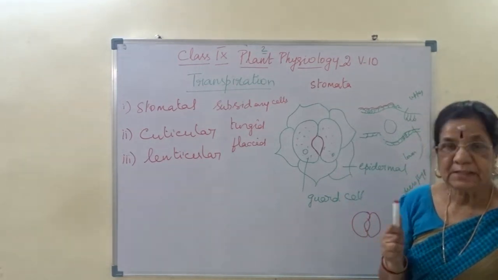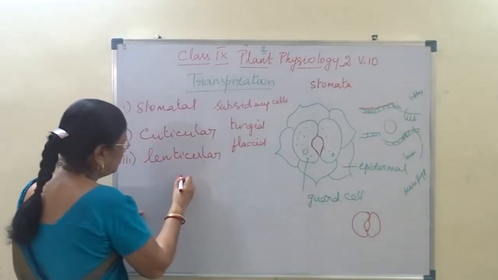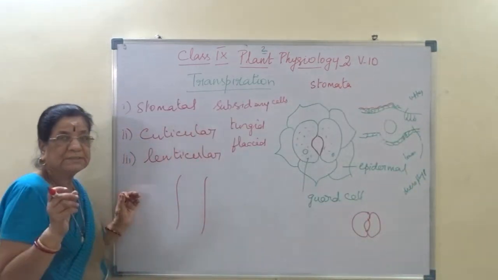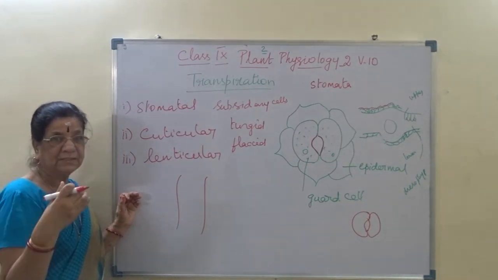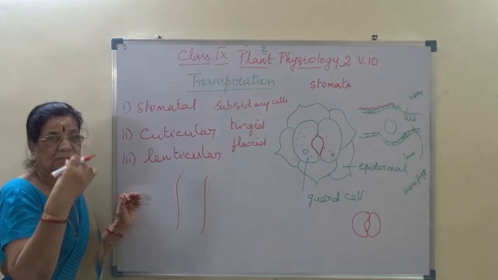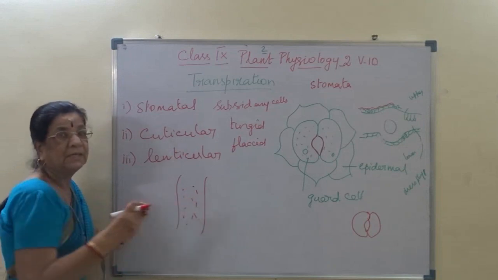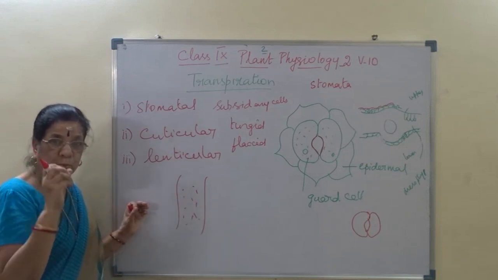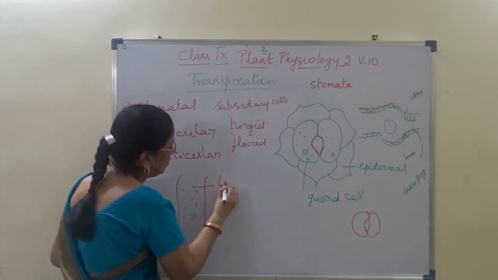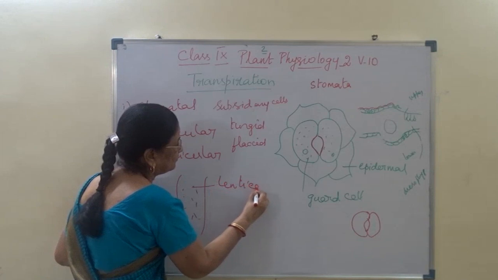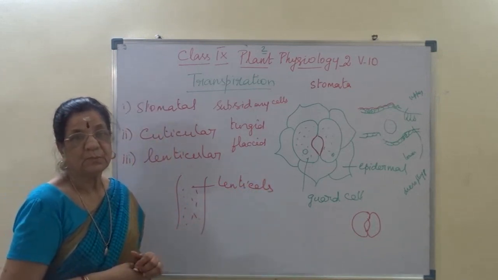The next one is lenticular transpiration, where in the bark of woody trunks, old stems and shrubs, we say bark, which is irregular, that will have openings. It is said that in the bark of the woody stems there are openings or holes called lenticels. Through them also evaporation is possible.